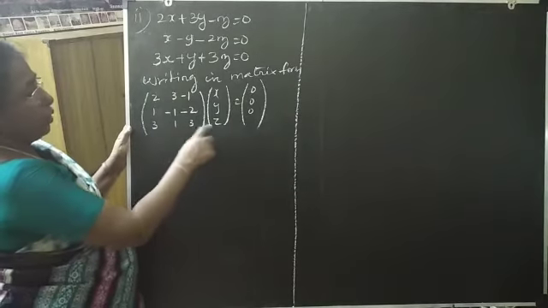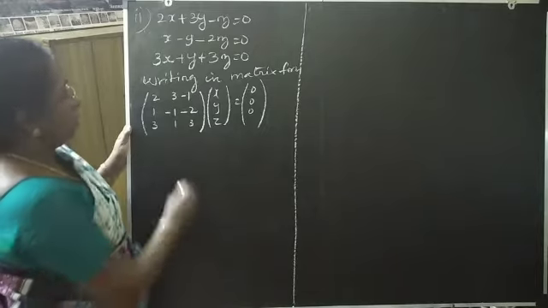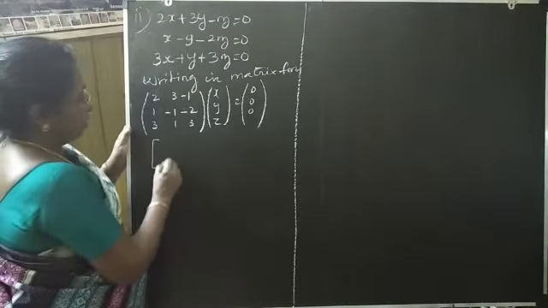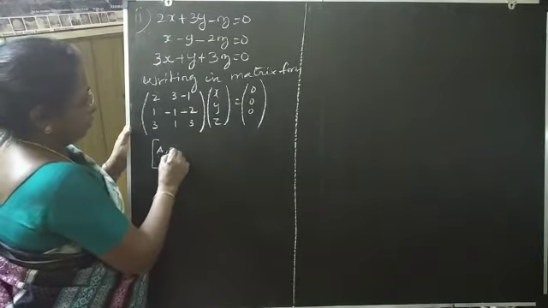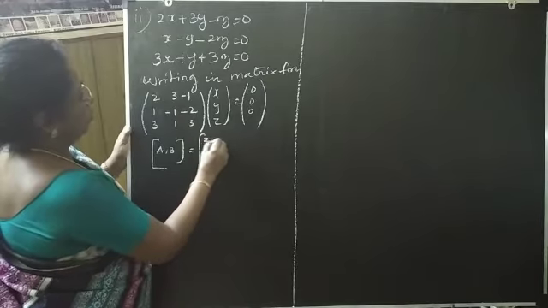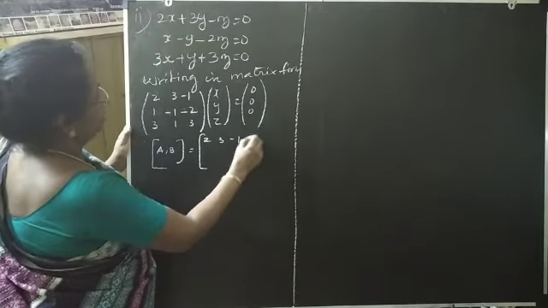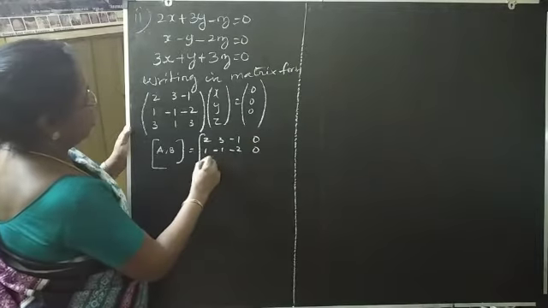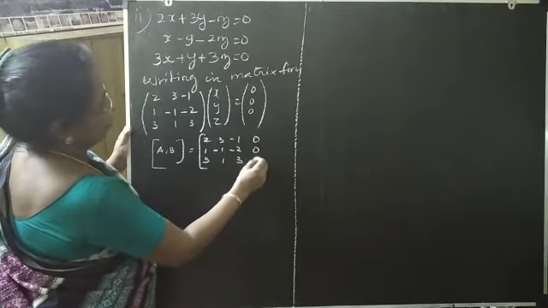So this is of the form Ax is equal to B. Therefore, writing the augmented matrix AB is equal to 2, 3, minus 1, 0, 1, minus 1, minus 2, 0, 3, 1, 3, 0.